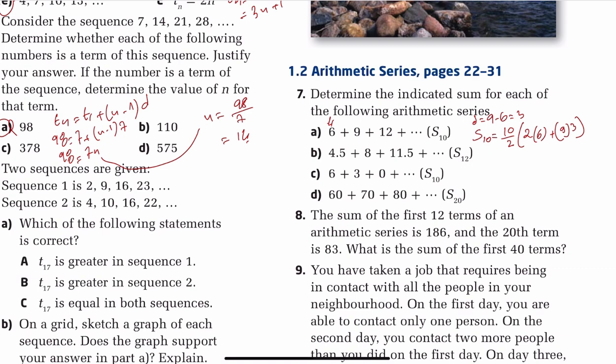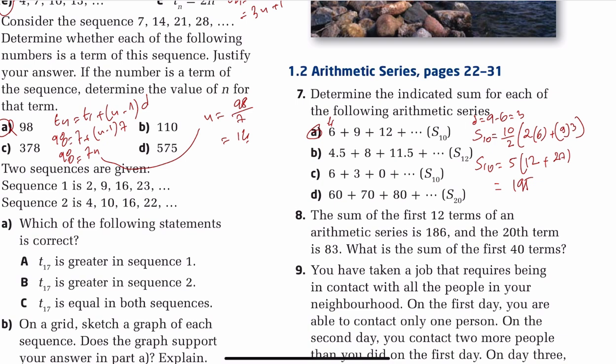So S10 is equal to 5 times 12 plus 27, which, if you put this in your calculator, will give you 195. And you can do the same thing for the other question. We just did number A.